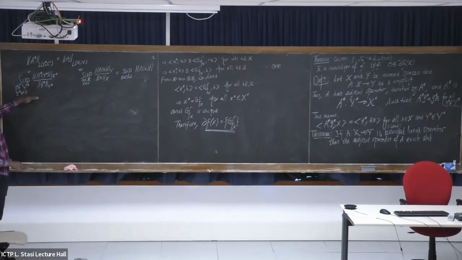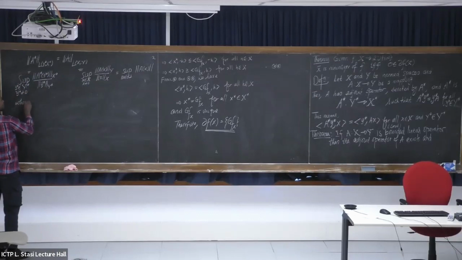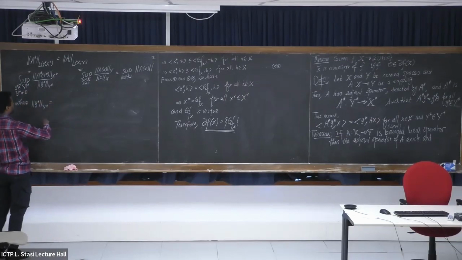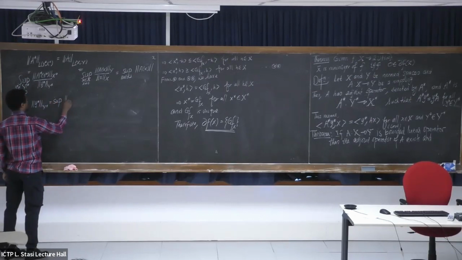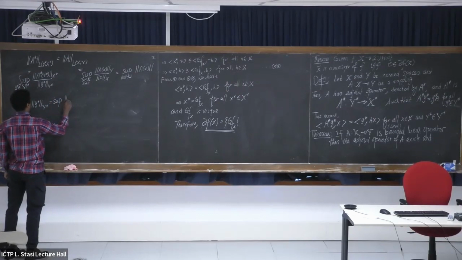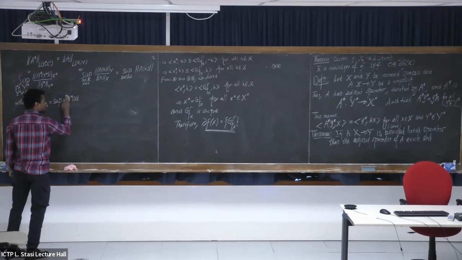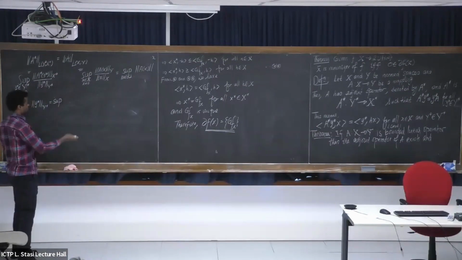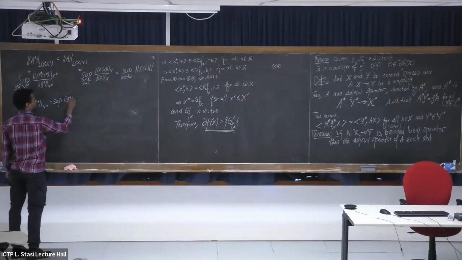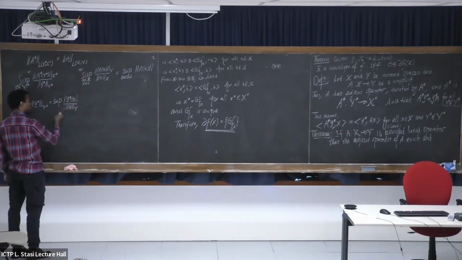This is the dual of the dual in this setting. It equals the supremum of y star of Ax, but we cannot go further because y star is a linear functional, real valued, with an absolute value.